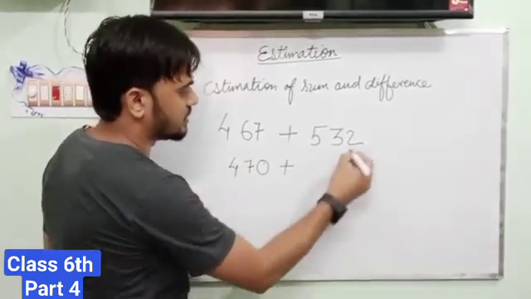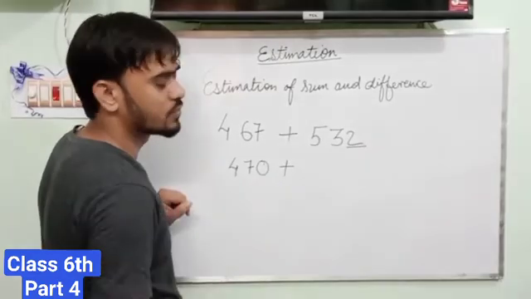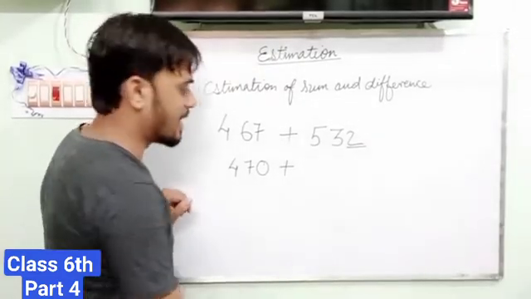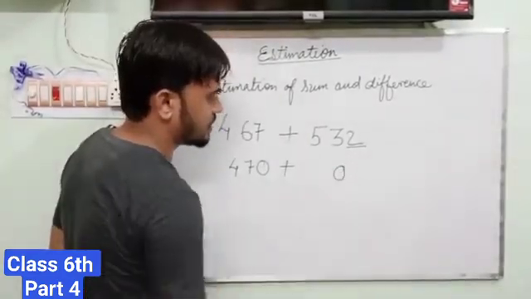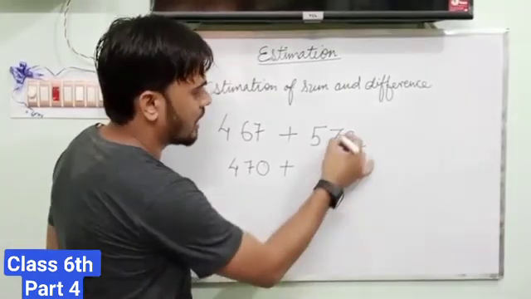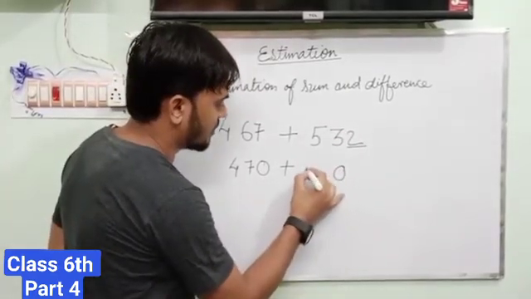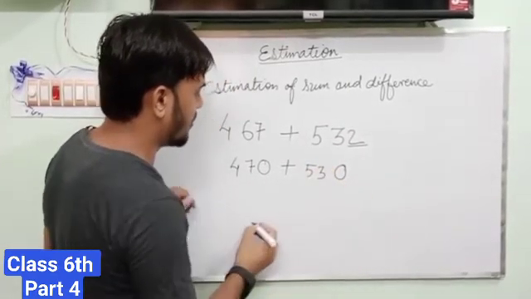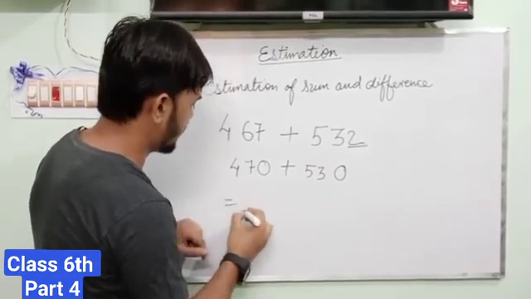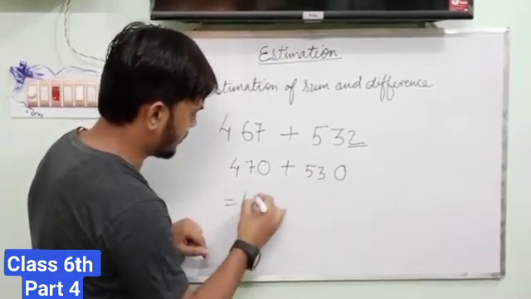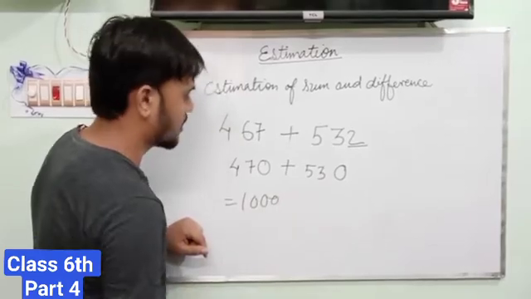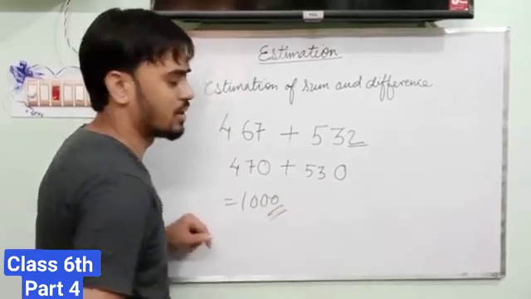And here the ones place is 2, which is less than 5, so it is replaced by 0 and other digits remain. After that we add, and we get the result.